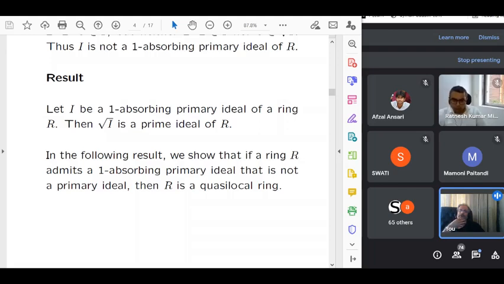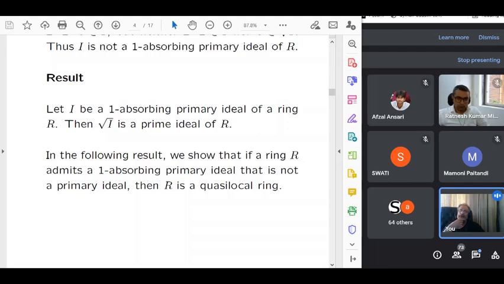If my memory did not deceive me. Okay, here is the result I promised you. In the following result, we show that if a ring admits a one absorbing primary that is not primary, then R has to be quasi-local. So these two concepts are different only if your ring is quasi-local.